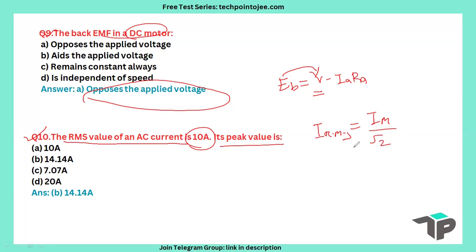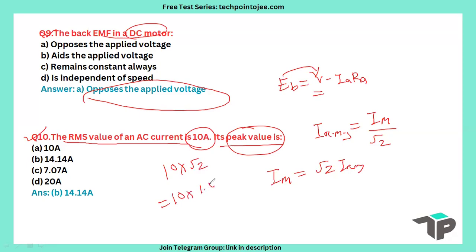But the question asks for the peak value, so I max equal to root 2 times IRMS. IRMS is 10, so 10 into root 2. Root 2 value is 1.414, so multiplying them gives 14.14 ampere. So the correct answer is option B, 14.14.